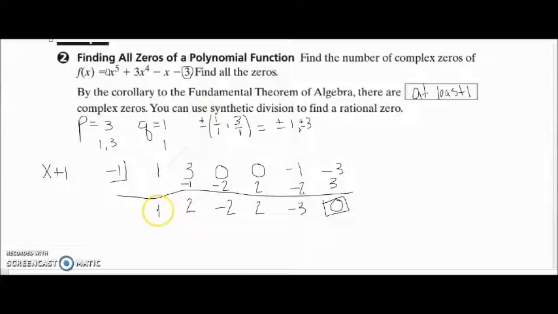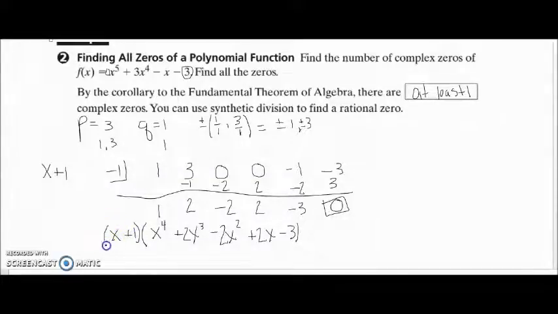So we're left now with x to the fourth power plus 2x cubed minus 2x squared plus 2x minus 3, and this whole thing would be multiplied by x plus 1.